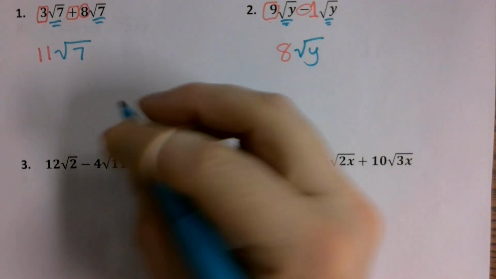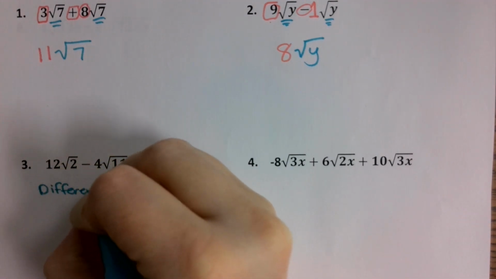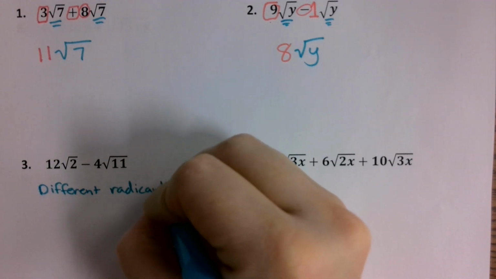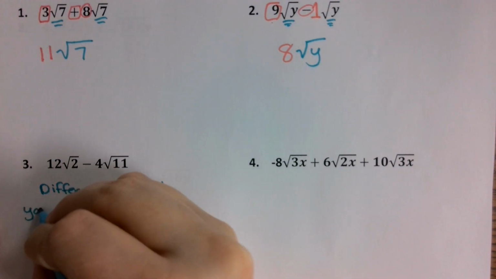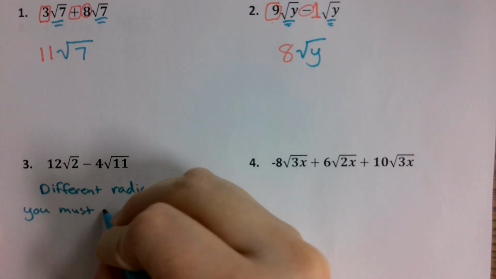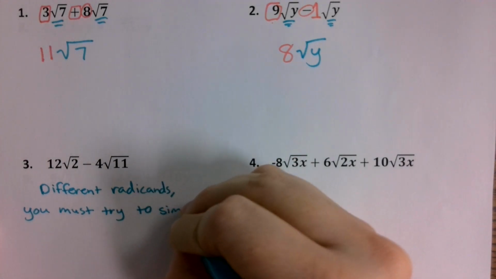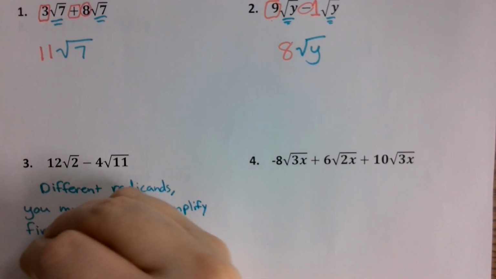So let's write this down. If you've got different radicands, you must try to simplify first.